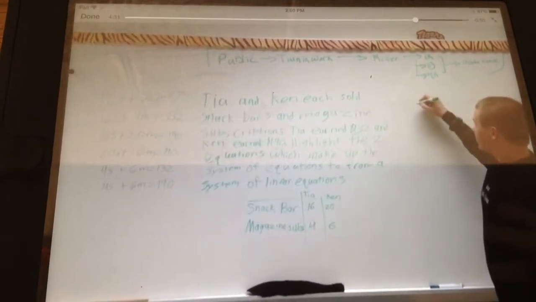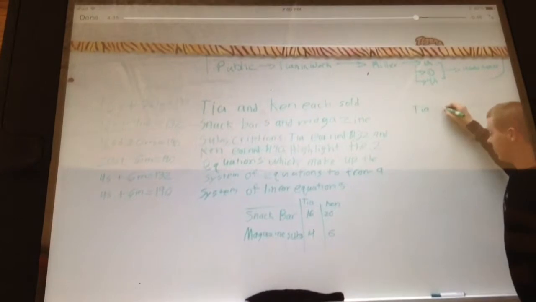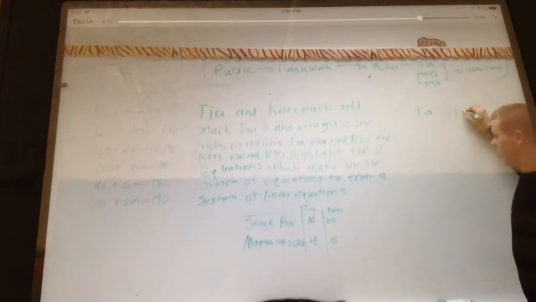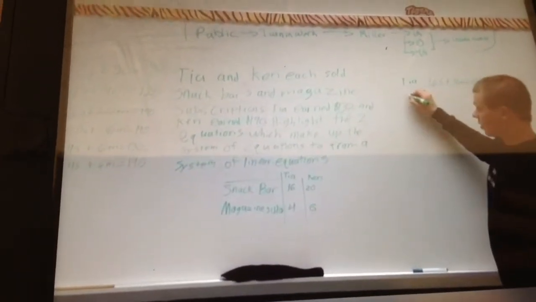So, Tia sold 16 snack bars and 4 magazines, and she earned $132 from that.